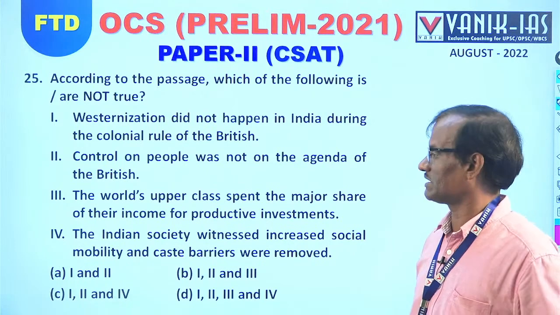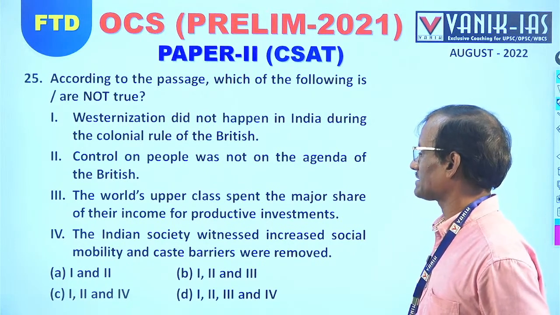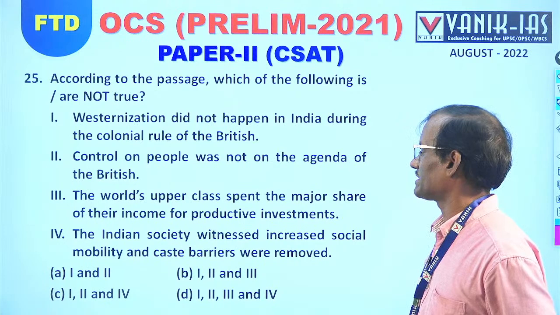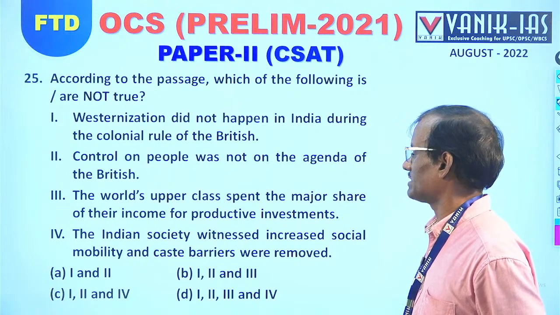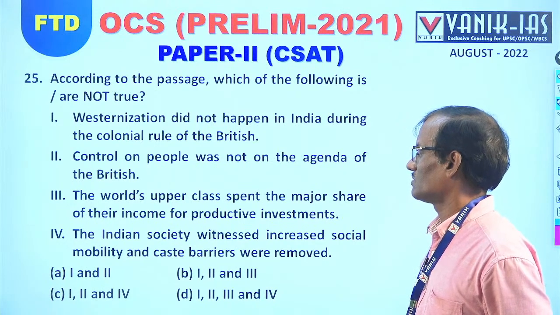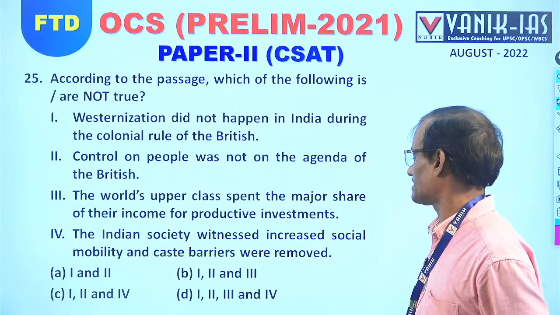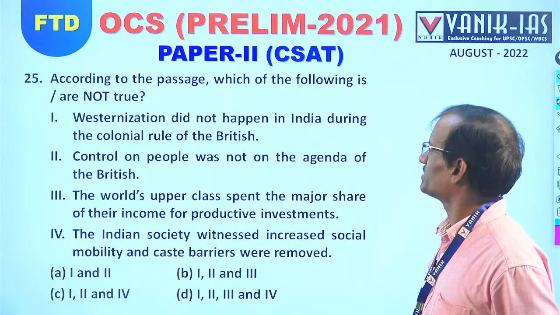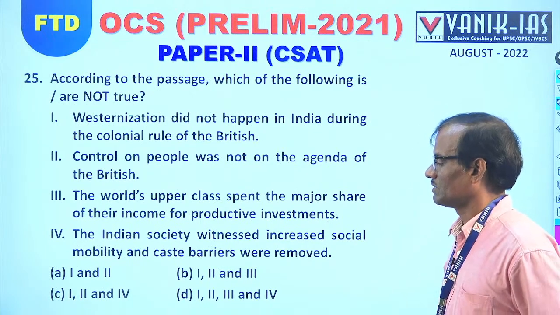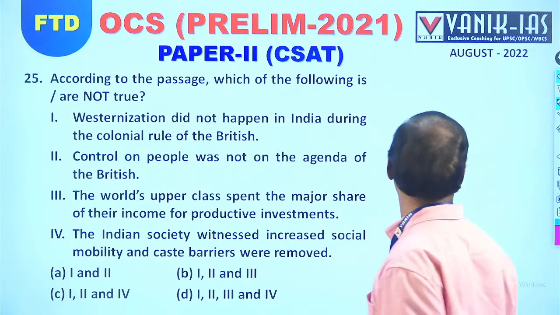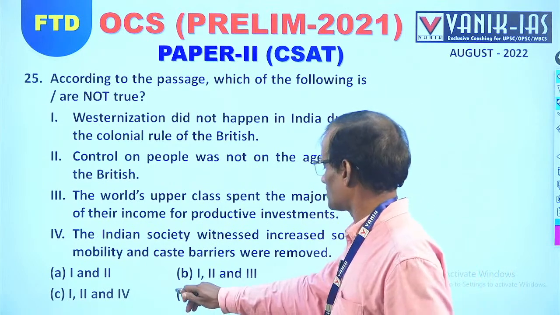It was on the agenda. The upper class spent the major share of their income for productive investment. Not true. The Indian society witnessed increased social mobility and caste barriers were removed. That is also not true. So all are not true if you consider all are not true.